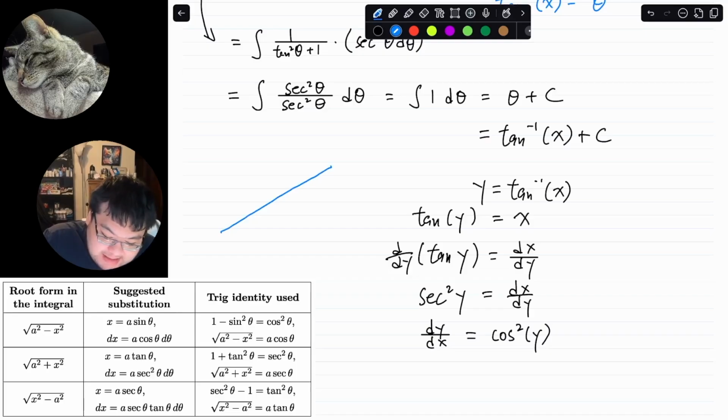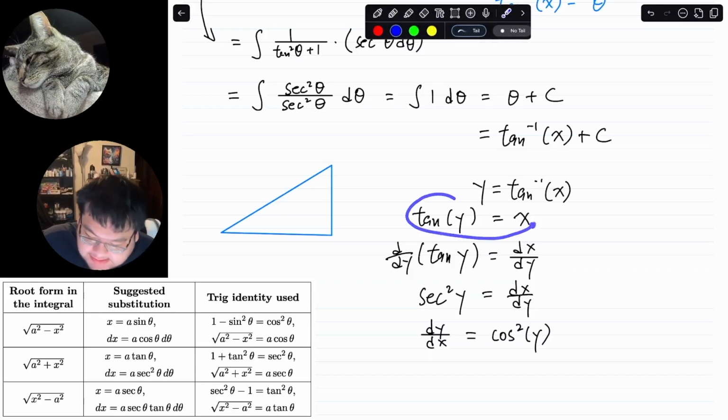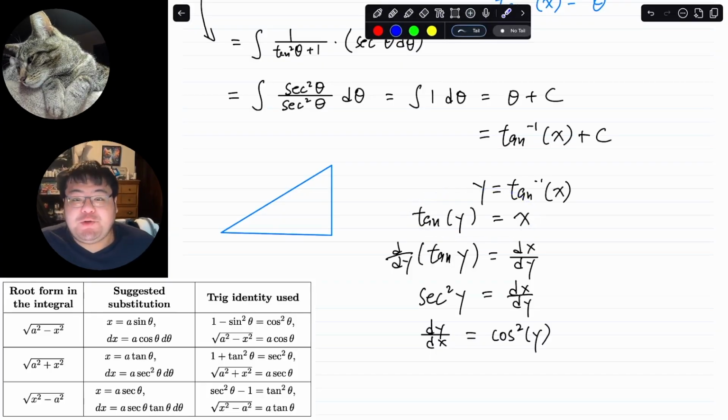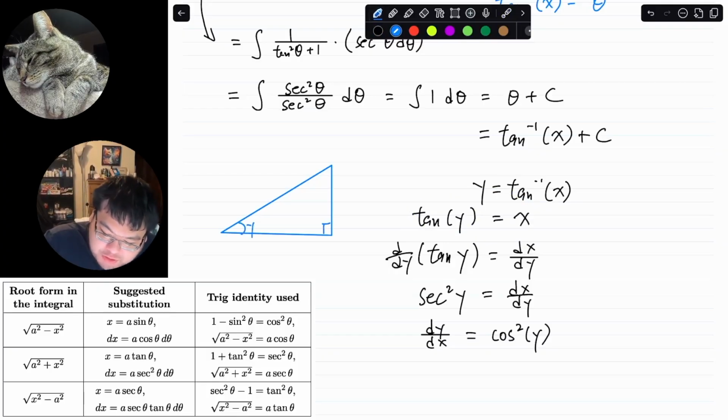We do the same trick where we draw a right angle triangle. If we look at this expression, tangent of y, that means y is the angle, and then we have a right angle here. It equals x.